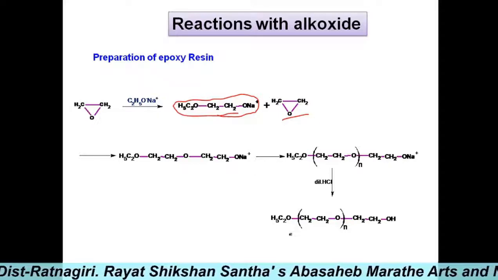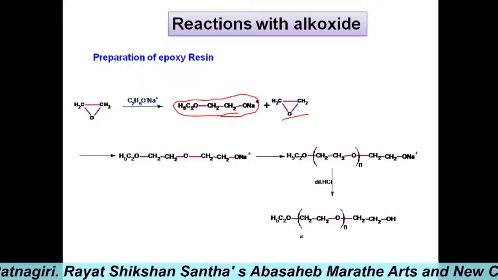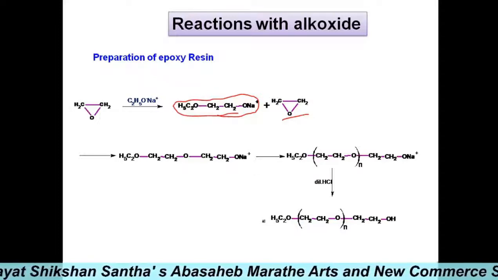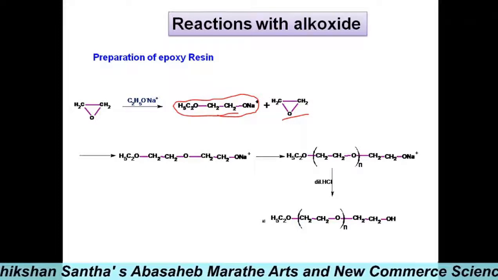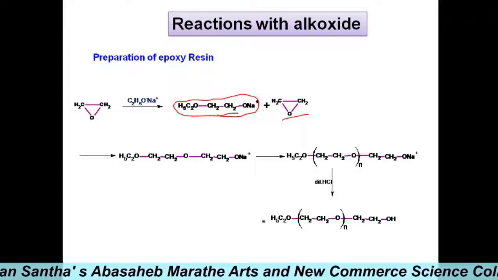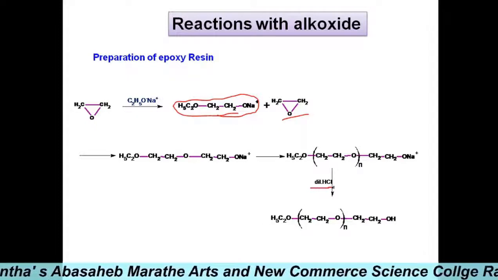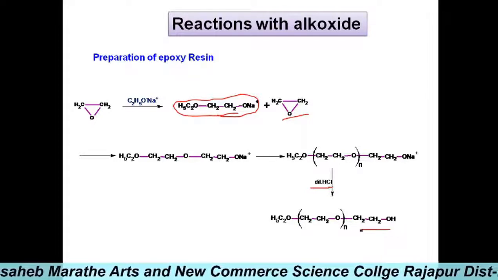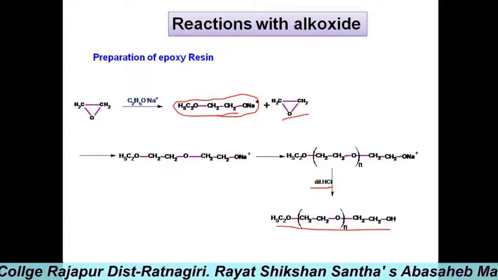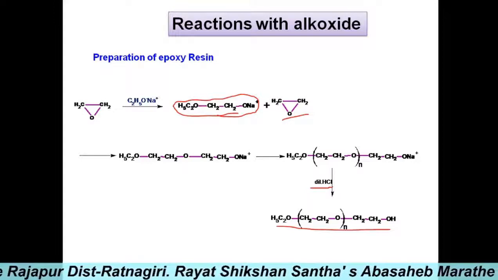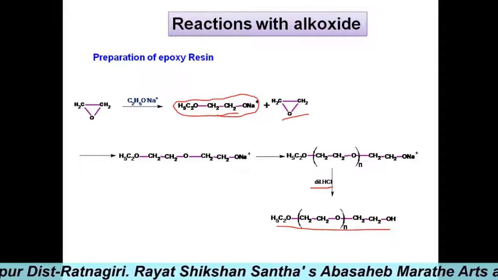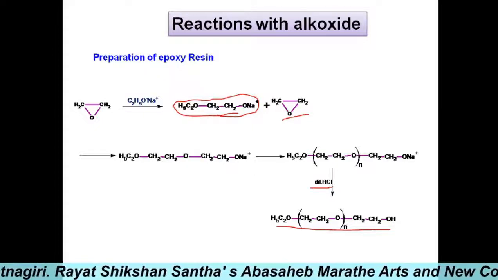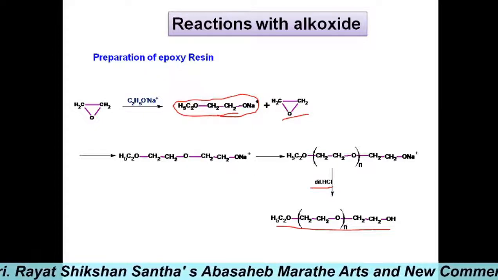For example, sodium ethoxide reacts with ethylene oxide to form a polymer, polyethylene oxide, and the reaction is terminated using dilute HCl. The product is a mixture of three amino alcohols like ethanolamines, which are used as emulsifying agents. This is the first application of the epoxide.